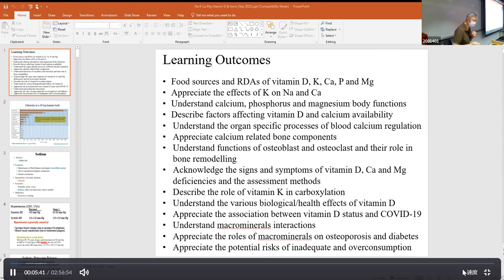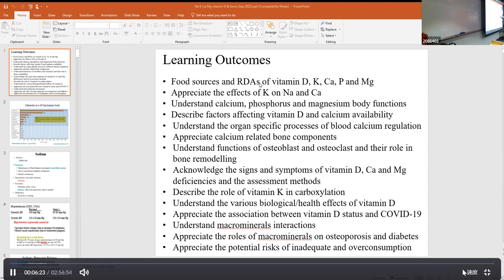Now, this is the learning outcome for the macro minerals. A bit detailed, but basically what I expect you to do is to be able to identify some of the important food sources, which is of course easy. Then we'll talk about, in general, the absorption of the various macro minerals, and then we will spend quite a bit of time on the relationship between vitamin D and calcium, which you presumably may have learned in some of your nutrition classes.